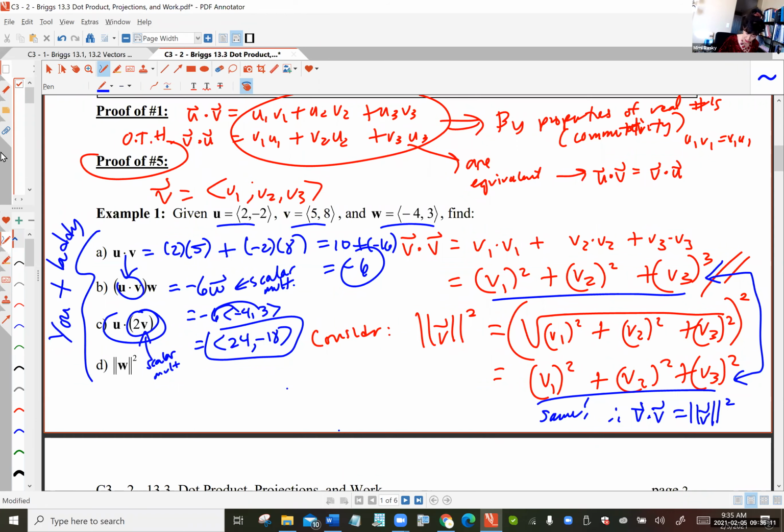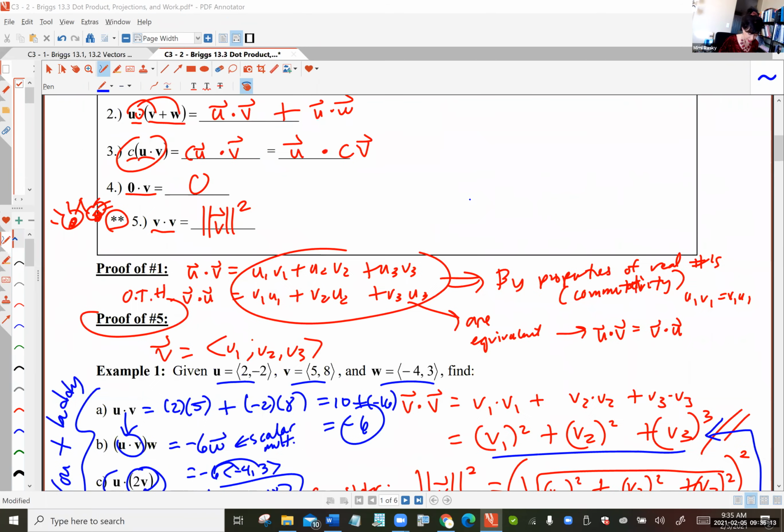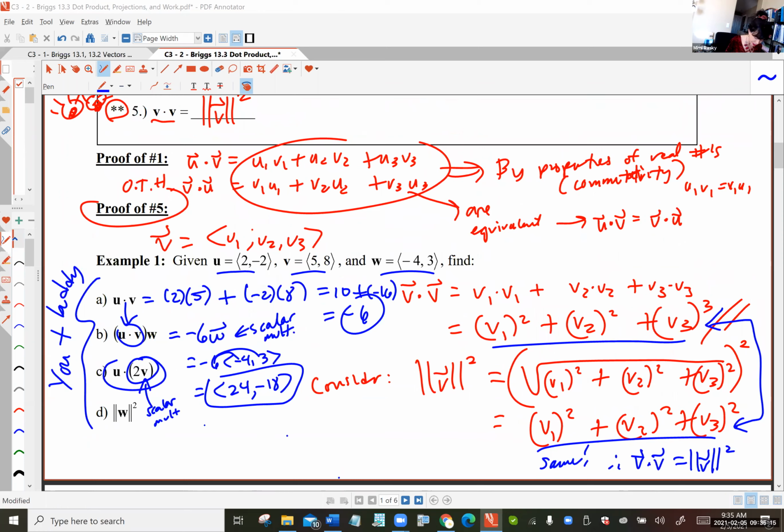If you look at your v vector, 2 times 5, 8 gives you the vector 10, 16. And then they want you to take the dot product of u with that. So you take the vector 2, -2 and dot product that with the 10, 16 guy, right?